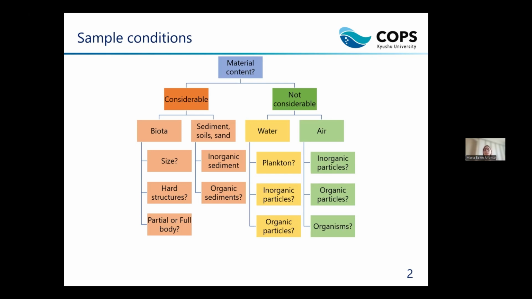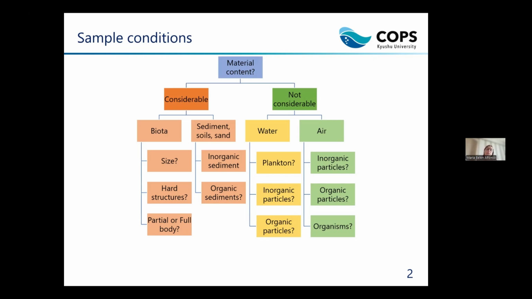For example, open ocean samples might not have much plankton compared to coastal or estuarine samples. What about the inorganic particles? Do you have some or not? Maybe a river sample has a lot of inorganic particles and maybe the open ocean not much. And what about the organic particles? Instead of plankton, you might find some small jellies or small fishes. So you need to consider all this before proceeding, right?